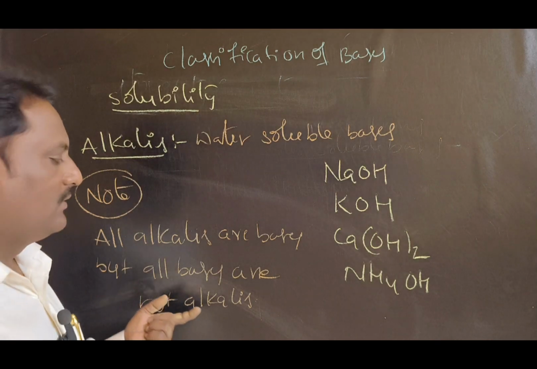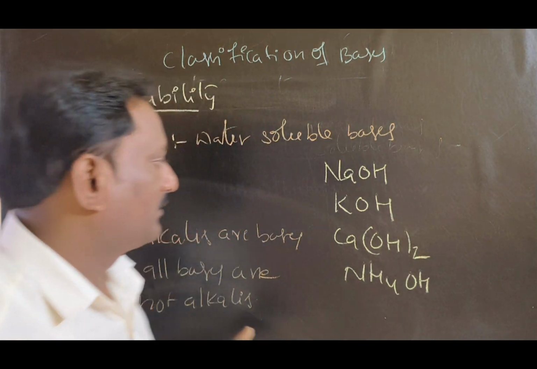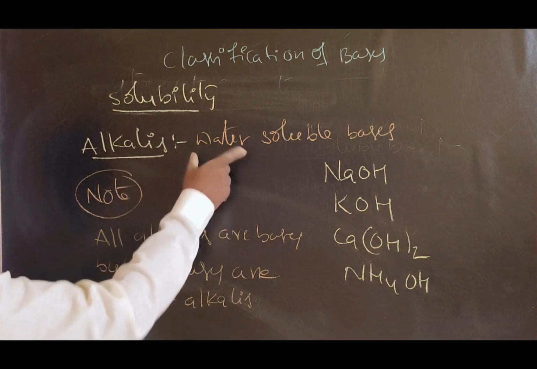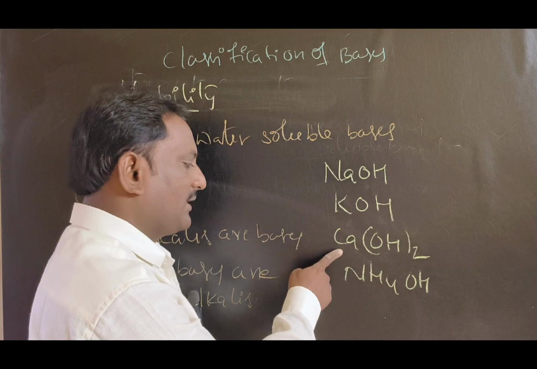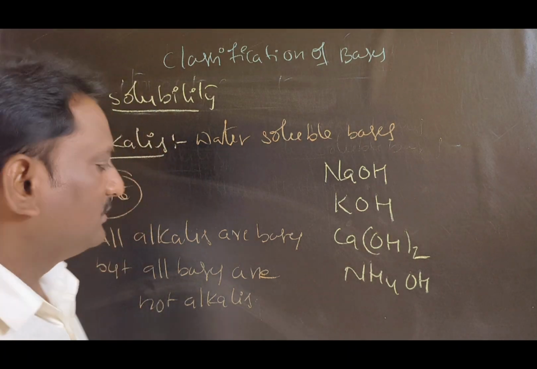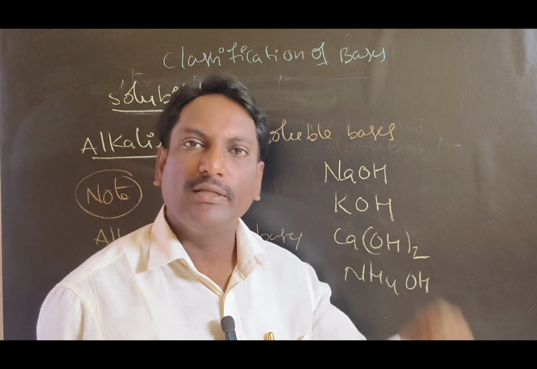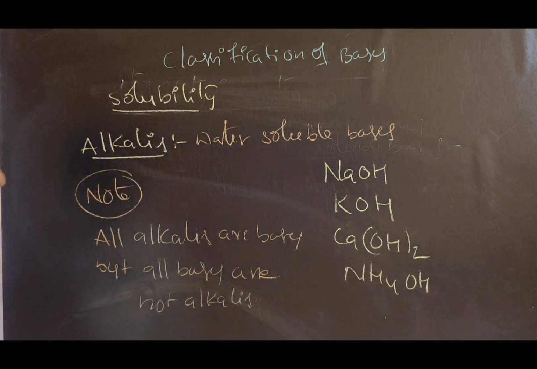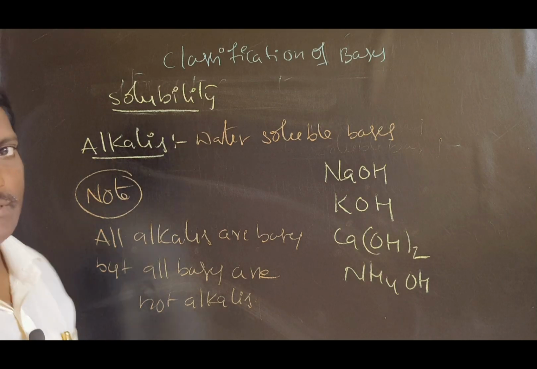Please make a note of it. So based on this point, you will get assertion reasoning type questions in the examination. So water soluble bases are called alkalis. Sodium hydroxide, potassium hydroxide, calcium hydroxide, ammonium hydroxide are generally considered as alkalis because they are readily soluble in the water. Next one, all alkalis are bases, but all bases are not alkalis.